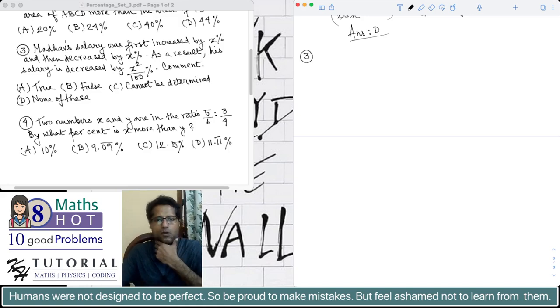Okay, so we don't know Madhav's salary. So let's assume that Madhav's salary is something.